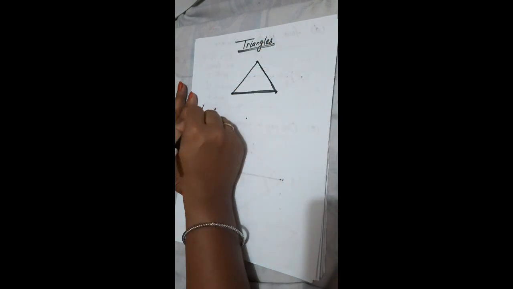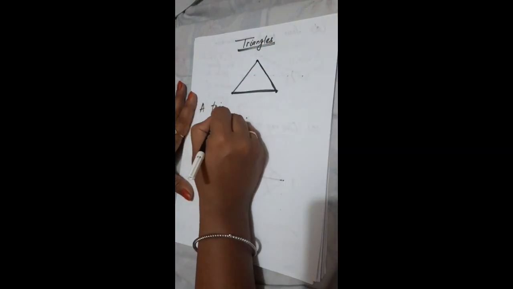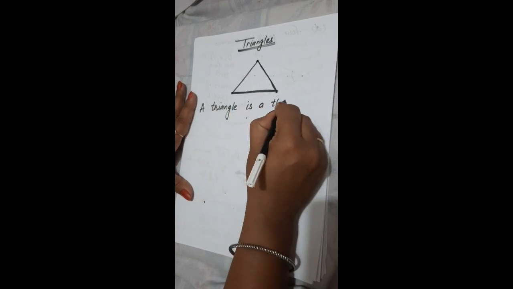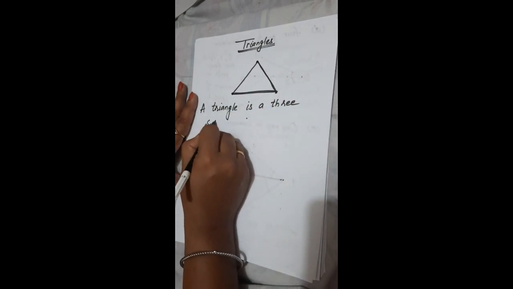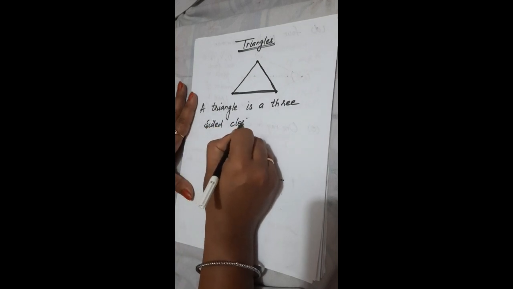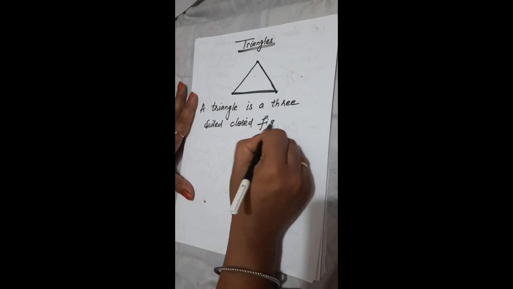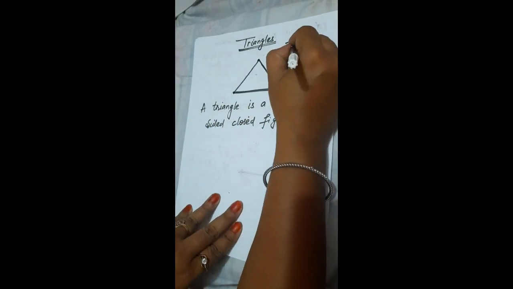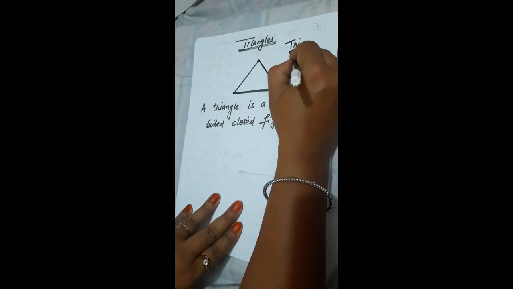A triangle is a 3-sided closed figure. So as here, the word tri means 3.